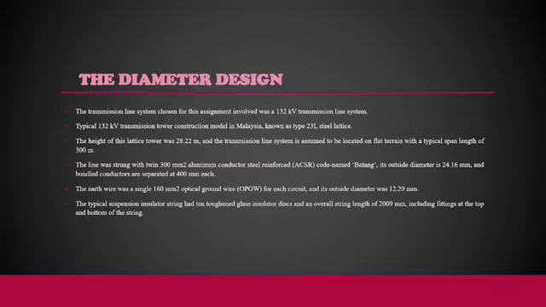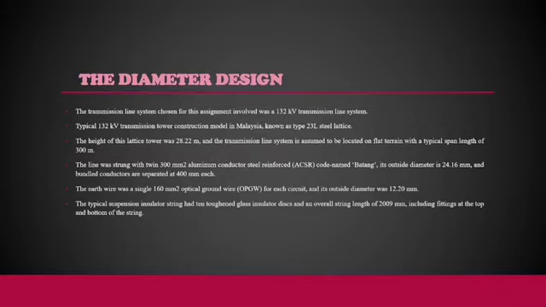The earth wire was a single 160 millimeter square optical ground wire, also known as OPGW, for each circuit, and its outside diameter was 12.20 millimeters.